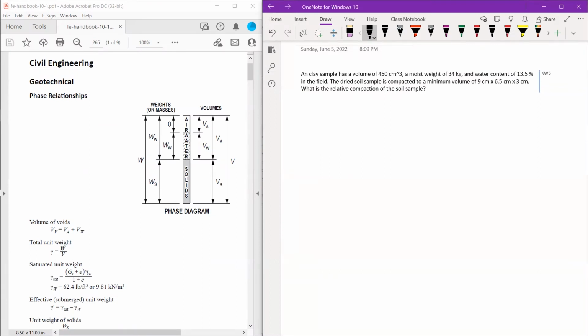Okay, a clay sample has a volume of 450 centimeters cubed, a moist weight of 34 kilograms, and a water content of 13.5% in the field.